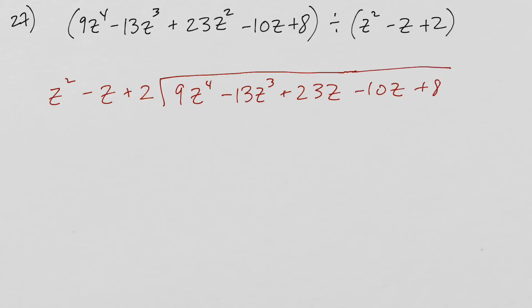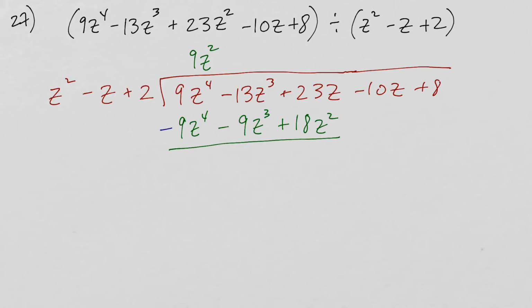All right, looking at just the first term, I'd have to multiply it by 9z squared to get there. So now I distribute, and I get 9z to the 4th minus 9z cubed plus 18z squared. And I'm ready to subtract with all those negatives. I don't want to make a mistake, so I'm going to flip the sign of the bottom row and add instead of subtracting.